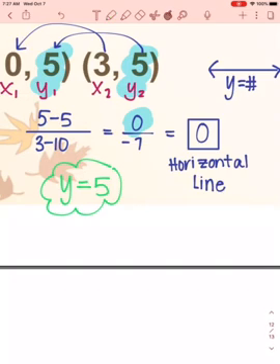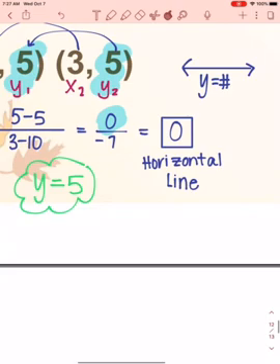Okay? Just good to always think things through and familiarize yourself with linear equations. So horizontal and vertical lines only have one variable in the equation. They're still linear, but they're the weird ones that only have one letter in them. And it's whatever letter matches. So since the y's were the variables that matched, then it's y equals 5.